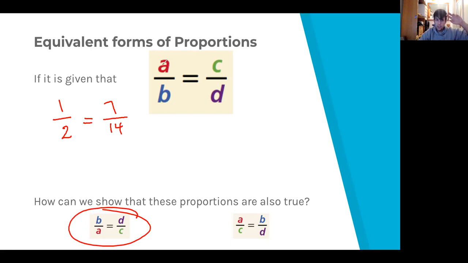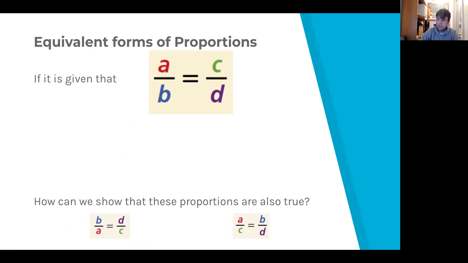Instead of A over B, make it B over A, and instead of C over D, make it D over C. Let's flip both of these ratios. 2 over 1 equals 14 over 7. Are these the same? Yeah, they're both just equal to 2. 2 divided by 1, 14 divided by 7. These are both equal to 2. So of course, these are equal. It seems to work that way.